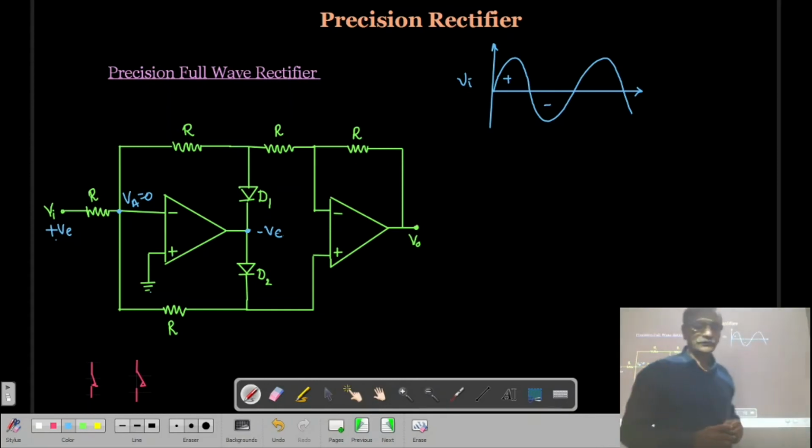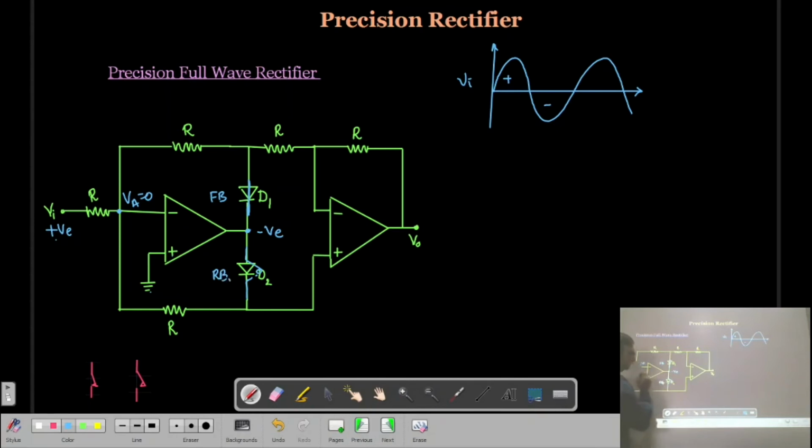So, which diode will be in forward bias? That is D1, because the negative voltage is given to its cathode. So this is in forward bias and will work as a short circuit. And D2 is in reverse bias, so this will work as an open circuit.